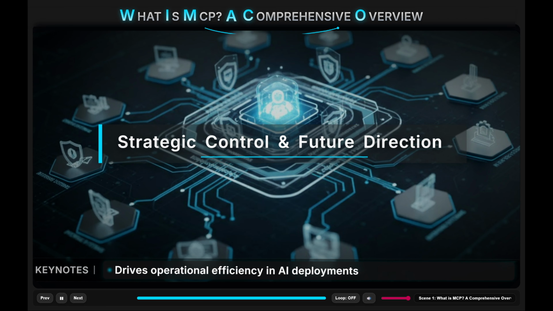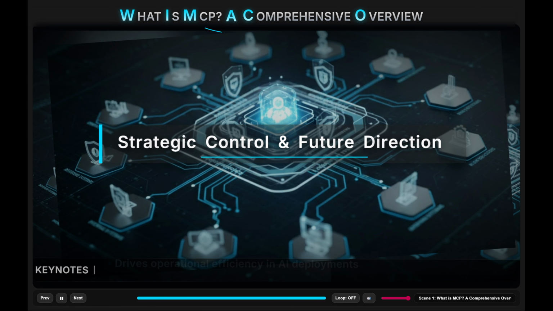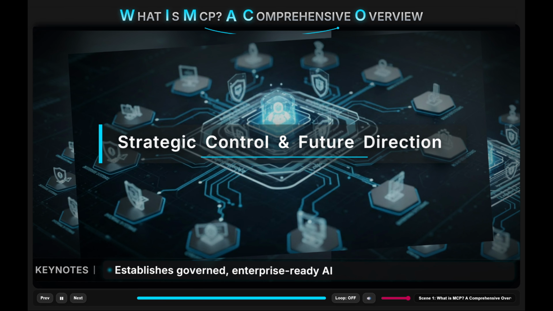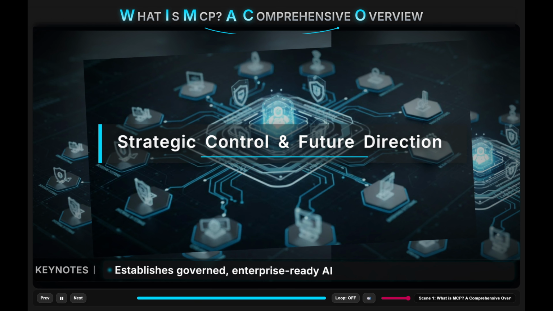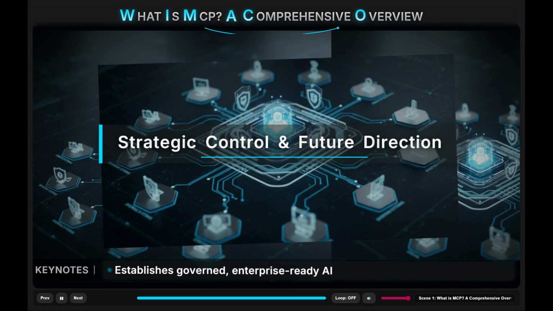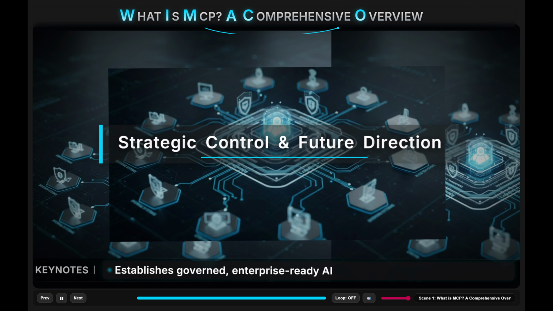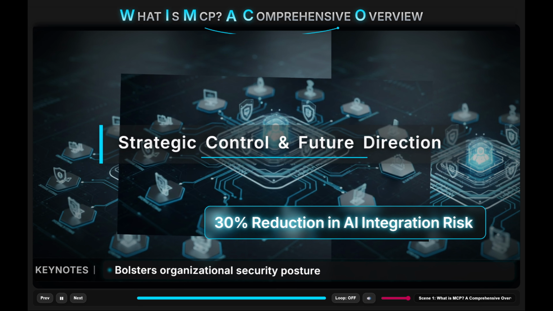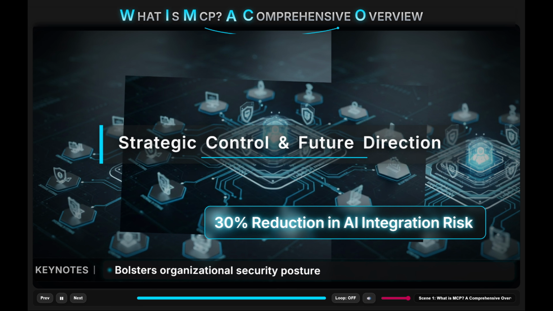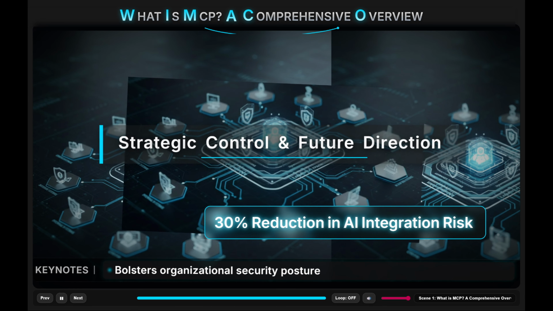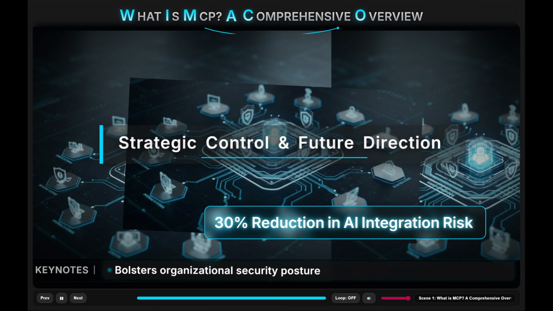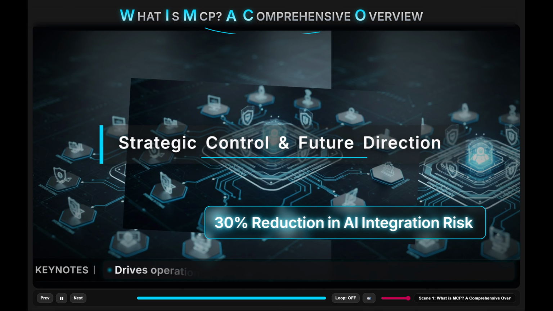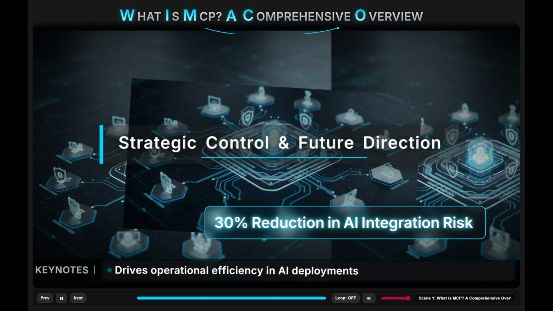MCP ensures every AI interaction with your critical systems is auditable, secure, and aligned with your operational policies. This isn't just about security. It's about operational efficiency, reducing development overhead, and truly making AI agents reliable, enterprise-grade assets. It forms a crucial part of that foundational blueprint we discussed, transforming abstract AI capabilities into practical, governed solutions.